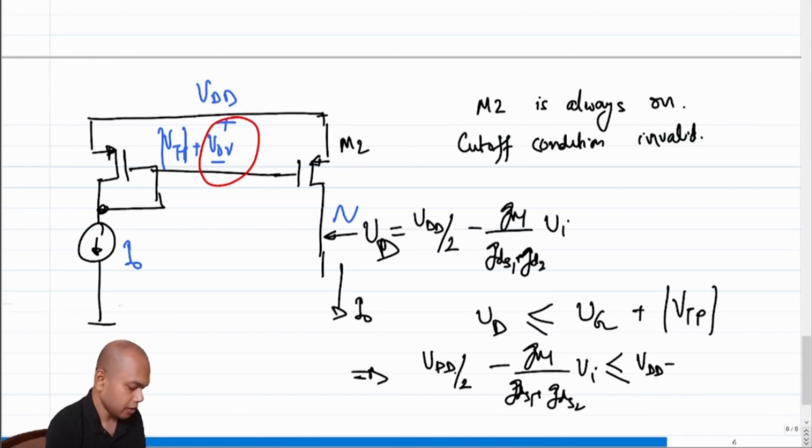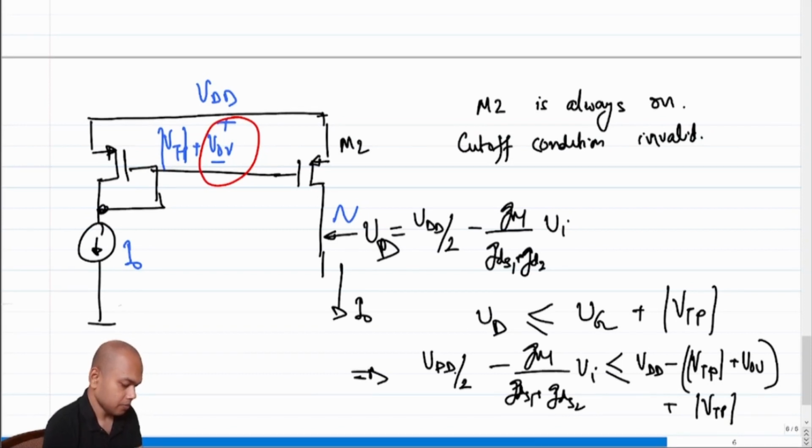VG is VDD minus the mod of threshold voltage plus overdrive, plus mod of VT. The condition that we arrive at after solving this algebra will give you the swing limit that you have to honor as far as M2 is concerned.